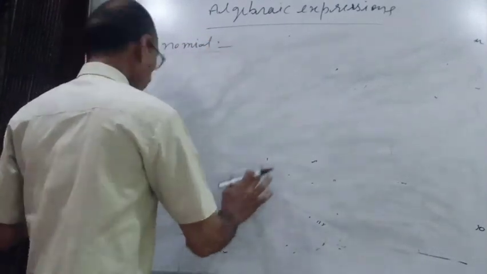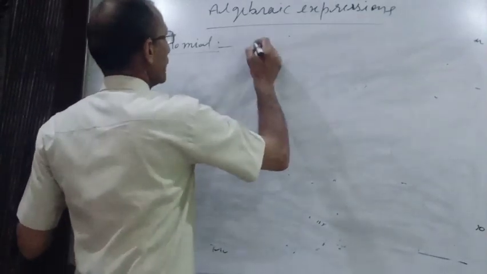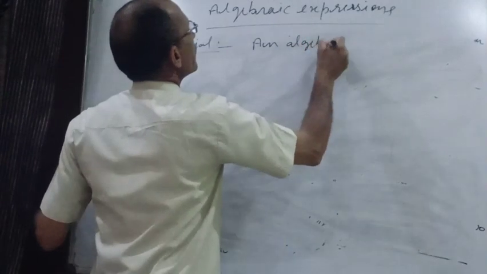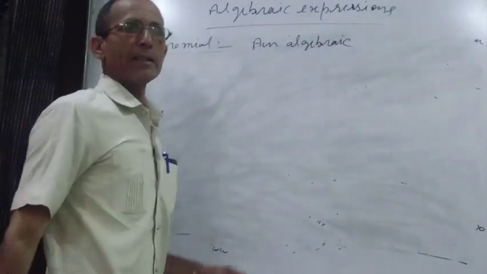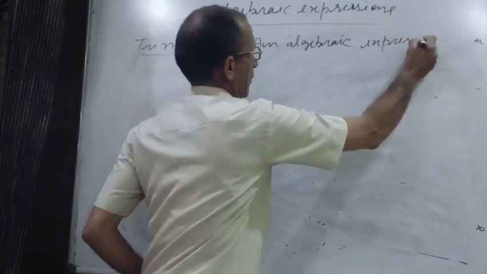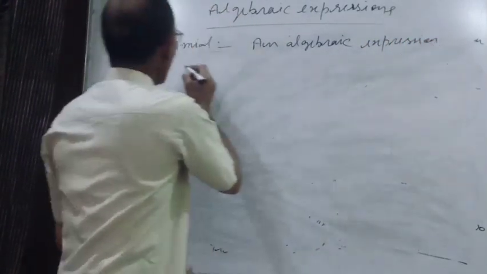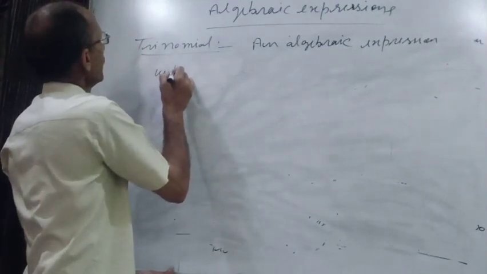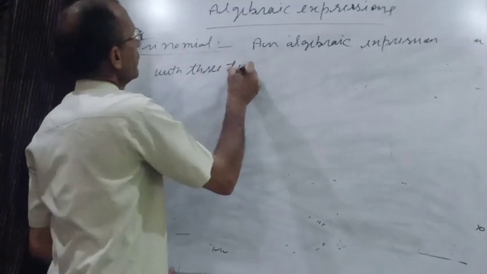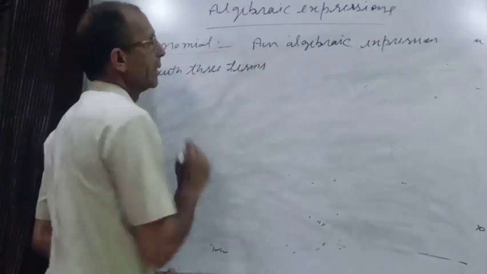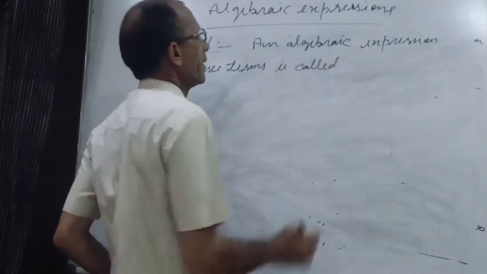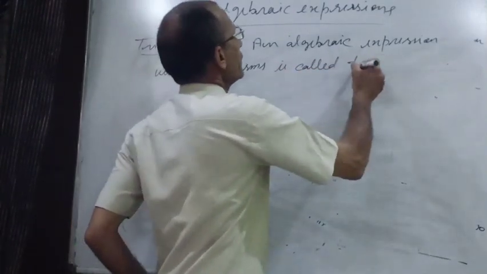Next, an algebraic expression with three terms is called trinomial.